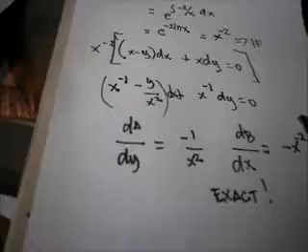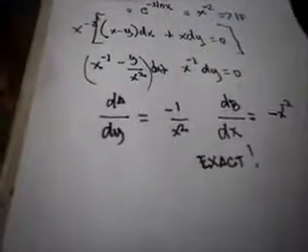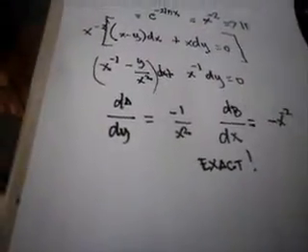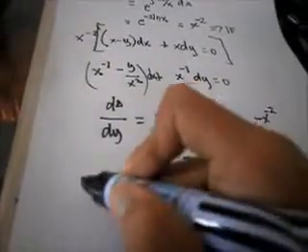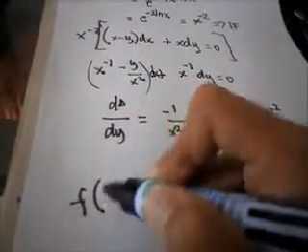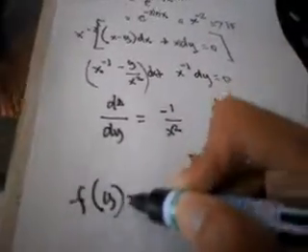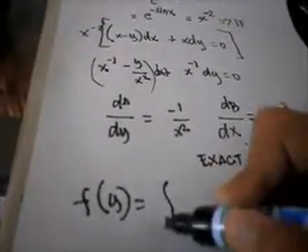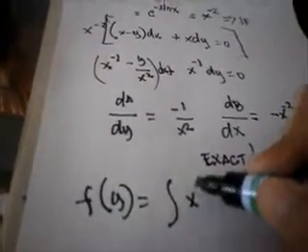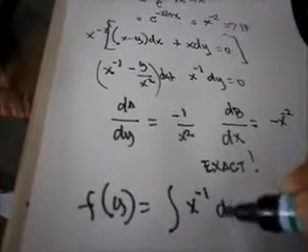Since our equation now is an exact equation, we can do now the usual process in solving exact equations. For f of y, I will use the y part because I think it's easier to solve. So x to the negative 1 dy.